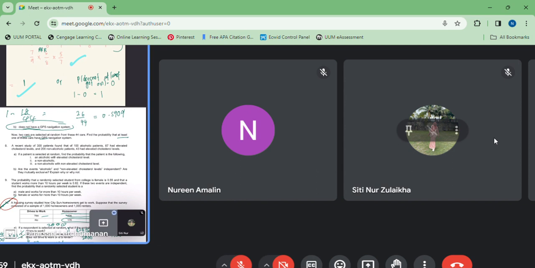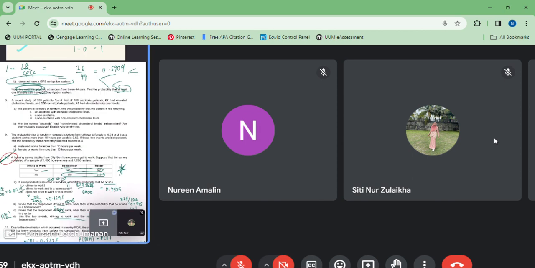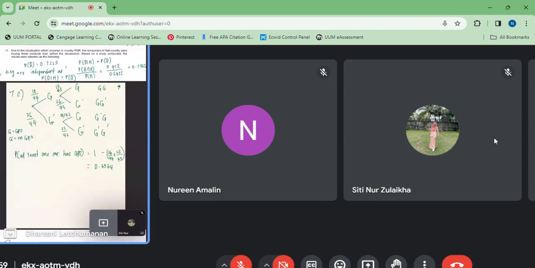Okay. Now they say what? Find the probability at least one of these cars have GPS. They given two cars. Two cars means what? Like this and like this. The tree diagram will look like that. So you see here, probability of two cars got GPS, right? So you just do the branches. Got GPS, no GPS. My no GPS I write as G prime.